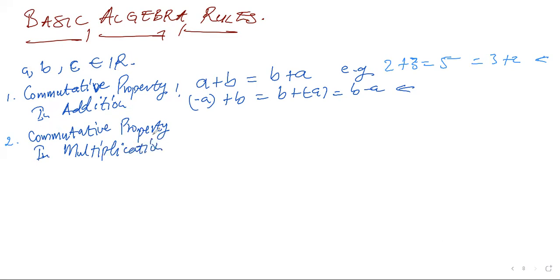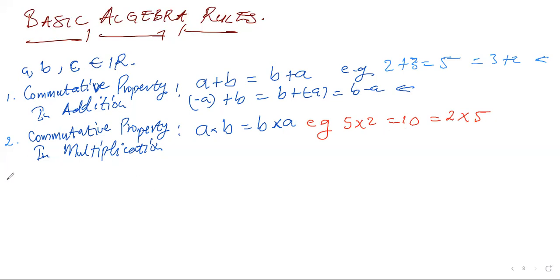In multiplication, we say that A times B is equal to B times A. It doesn't matter which one comes first, as long as we took them with their own signs, we're good. For example, 5 times 2 is 10, which is as well equal to 2 times 5. So this is the property of commutativity. I guess it's clear.